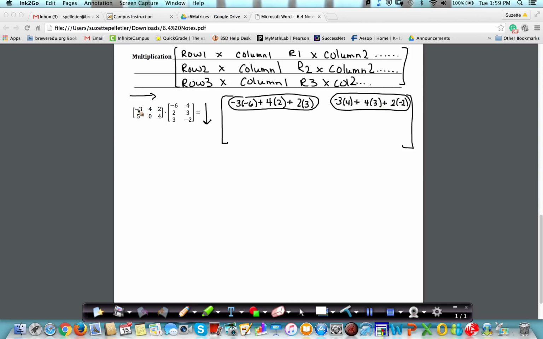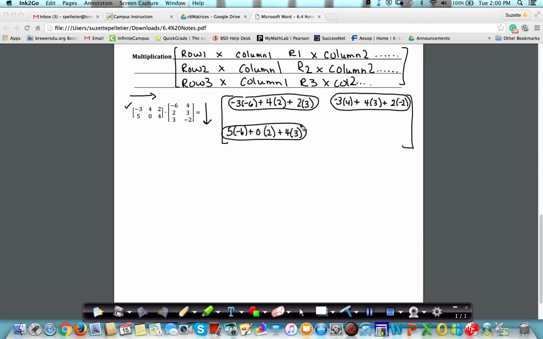So I took this top row and I've multiplied it by both columns. Done. Now I've got to do the second row by both columns. So 5 by -6, 0 by 2, and 4 by 3. So 5 times -6 plus 0 times 2 plus 4 times 3.